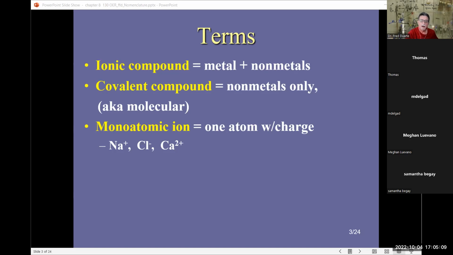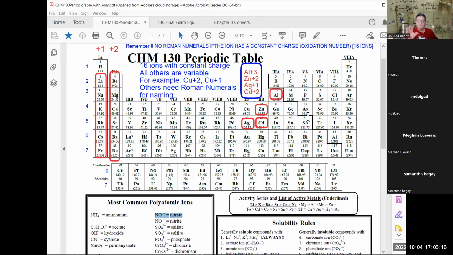Now, on the periodic table, at least the one I have, I circled 16 elements that have a known charge 100% of the time, okay?